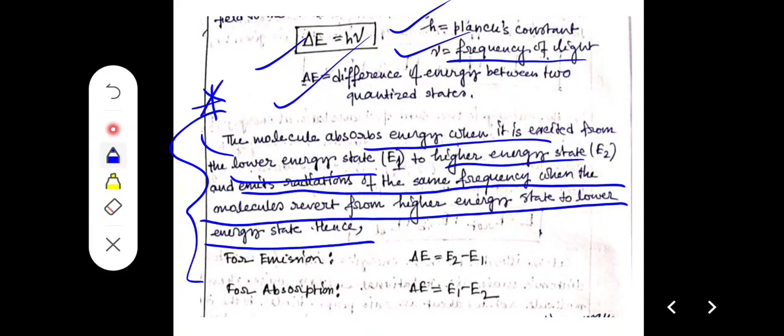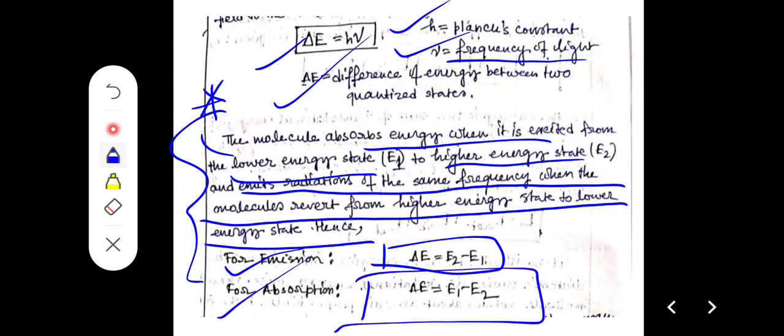Okay, but when they reach the higher excited state, they again re-emit this amount of energy and come back to the ground state or first excited state. Okay, so for emission, delta E is defined as E2 minus E1, and for absorption delta E equals E1 minus E2.